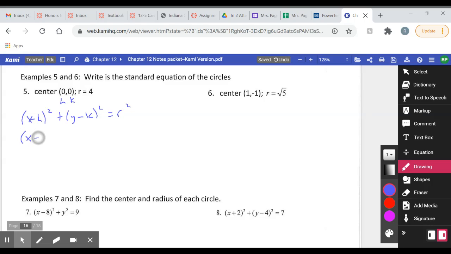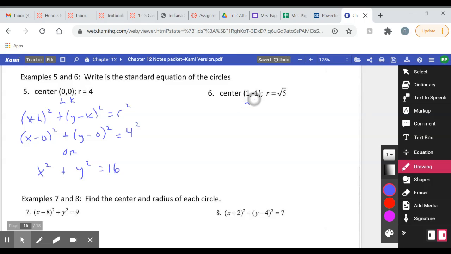So I've got x minus h, which is 0, squared, plus y minus k, which is 0, squared, is equal to 4 squared. Okay, so you might leave the formula like that with the 16 instead of 4 squared. Or since x minus 0 is really just x, you could sometimes see it as x squared plus y squared is equal to 16. So really either of those would work.